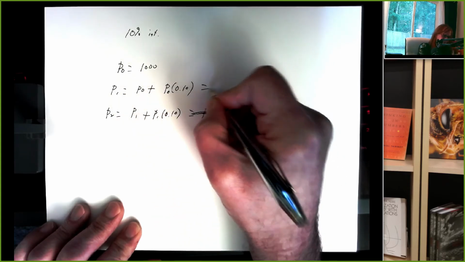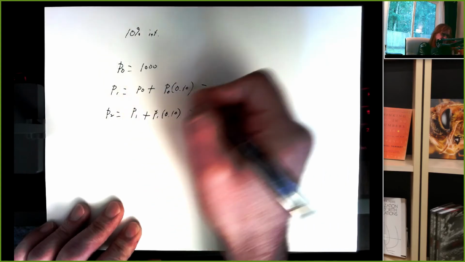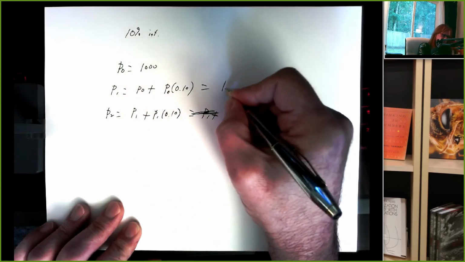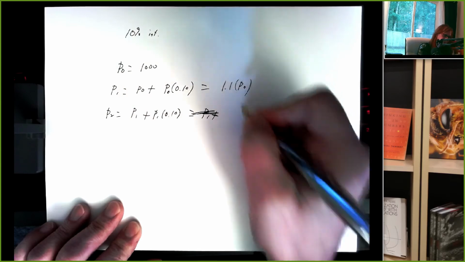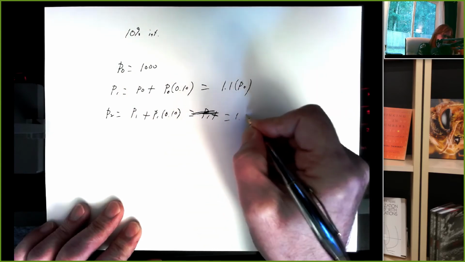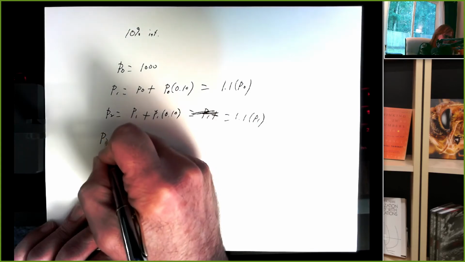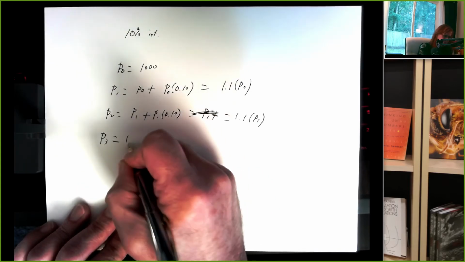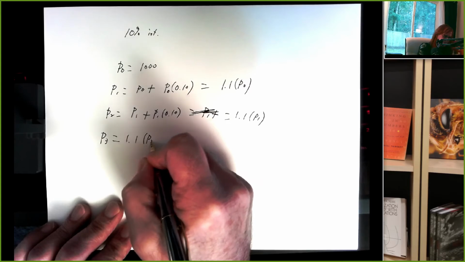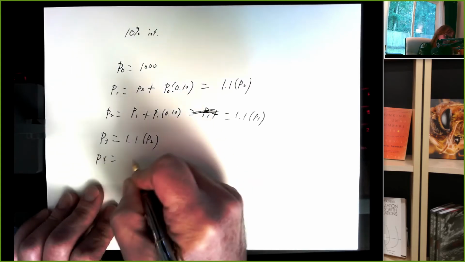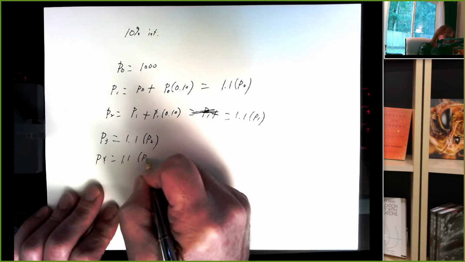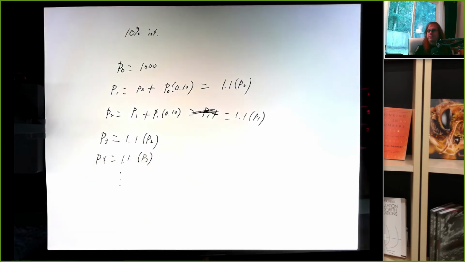And let's simplify this: 1 times P0 plus 0.1 times P0 is 1.1 times P0. This will be 1.1 times P1. P3, if you do the same calculation, will be 1.1 times P2. And after 4 years, you've got 1.1 times what you had after 3 years, and so on.